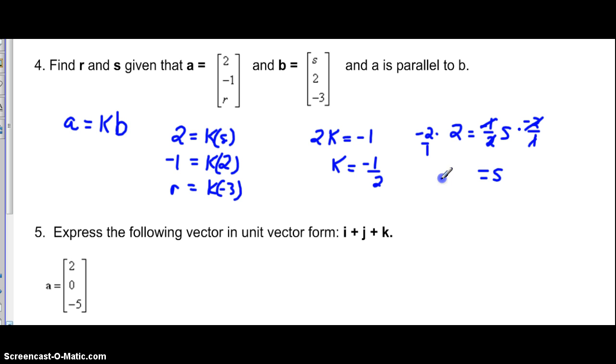And S will be equal to negative 4. Okay, for R, it's a little bit even faster. So R is equal to K, which is negative 1/2, times negative 3. So R is equal to positive 3/2.